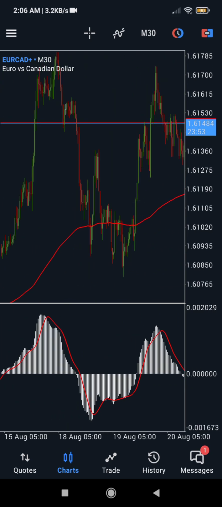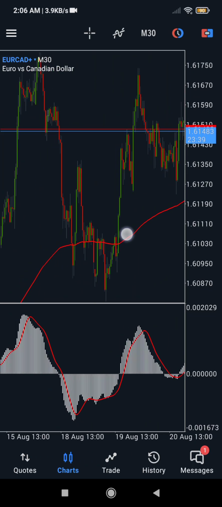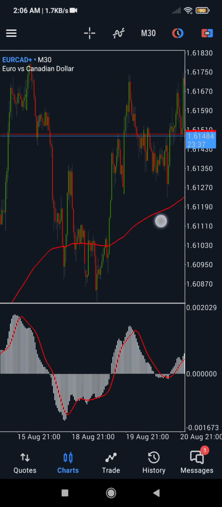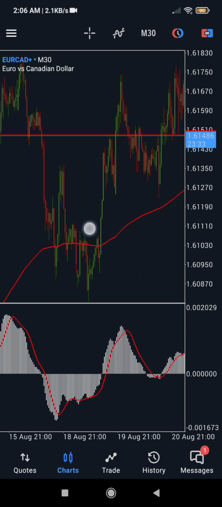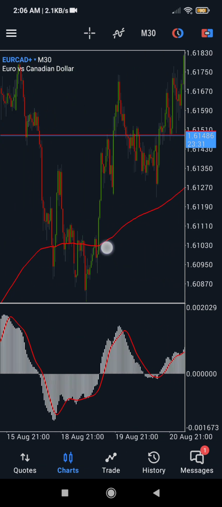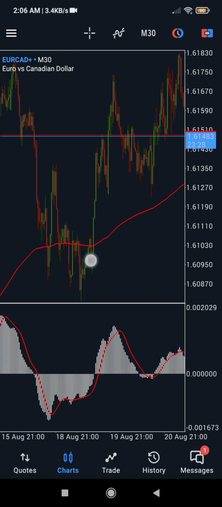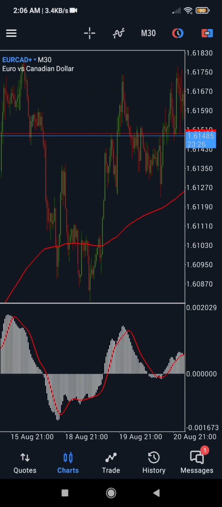Now, how can we trade this when we combine it with our MACD histogram? We are always going to wait for price to come towards our EMA. So we want price to retrace back to where our EMA is, and we are going to wait for the reaction of price around our EMA.